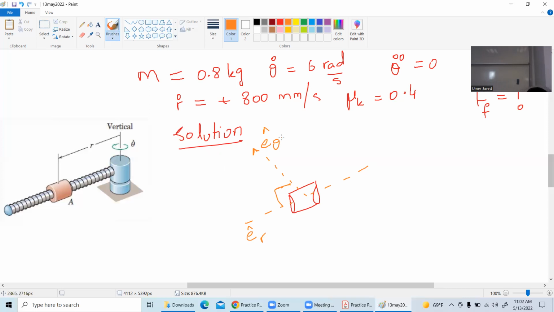Now, what you have to understand is that theta dot has become positive, right? If you want to take theta dot as clockwise as negative, I don't have any issues. Then probably the theta direction that you have to consider will be different.